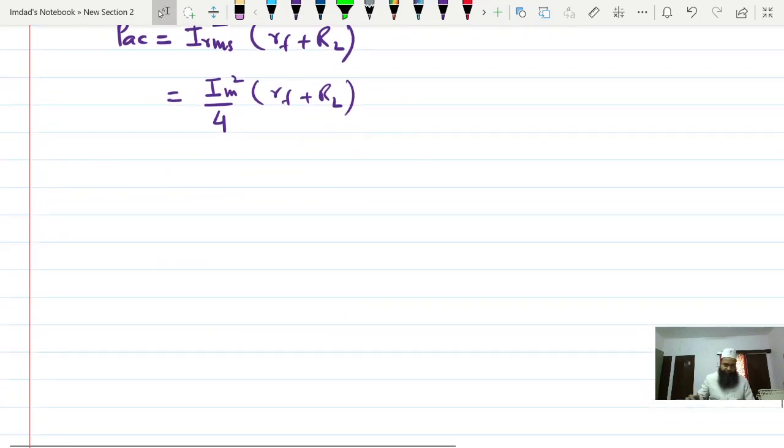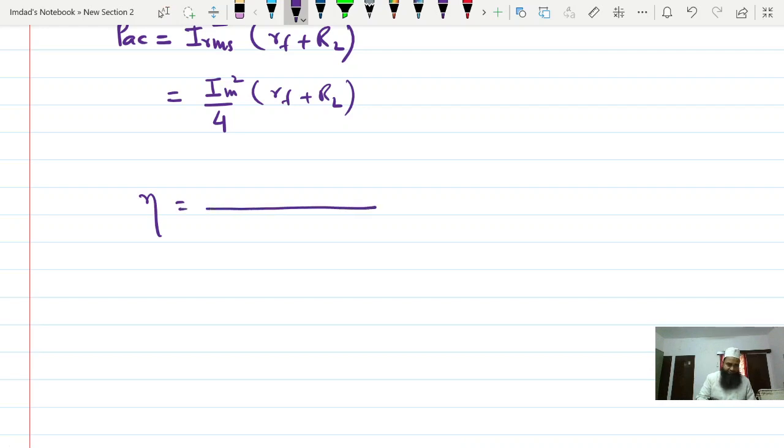Now efficiency can be calculated as Im by pi square RL over Im by 2 square, RF plus RL.